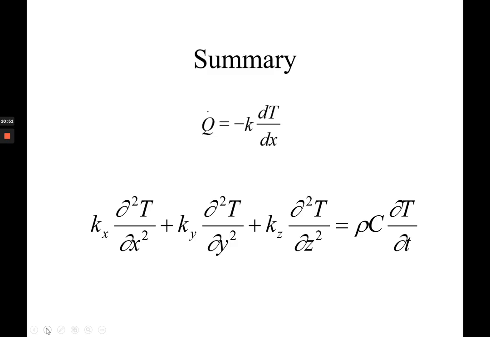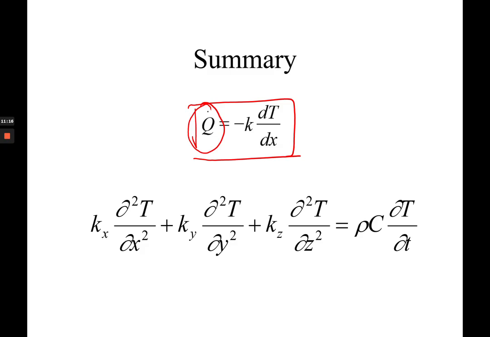So we started with Fourier's law of heat conduction, and then we tried to eliminate the heat in this equation, because we can only find solutions in terms of temperatures if we relate everything to temperatures through a process of heat balance or energy conservation.